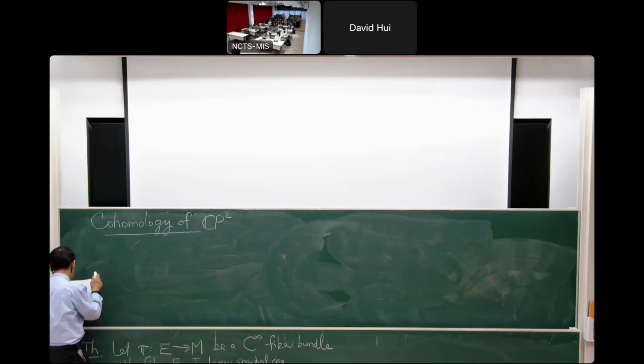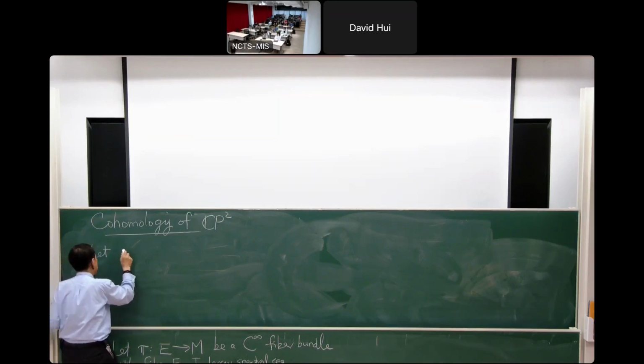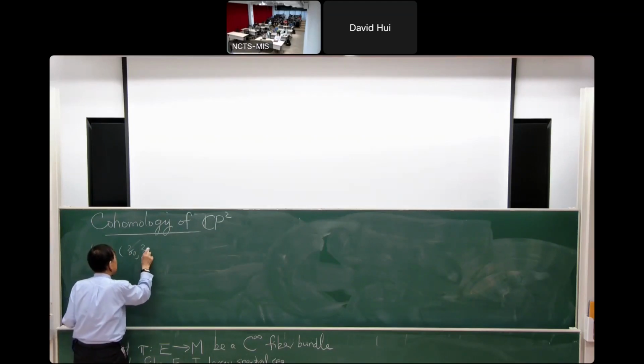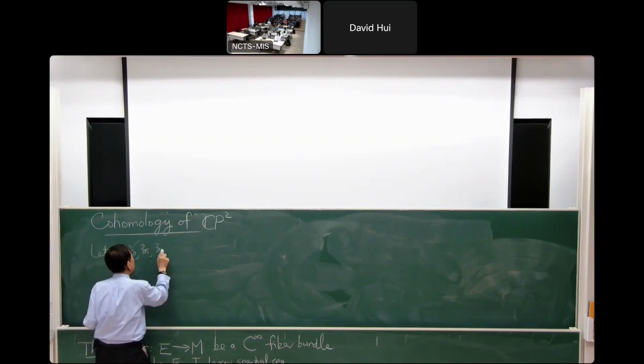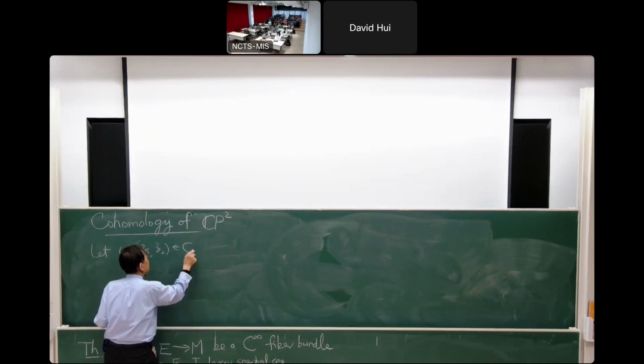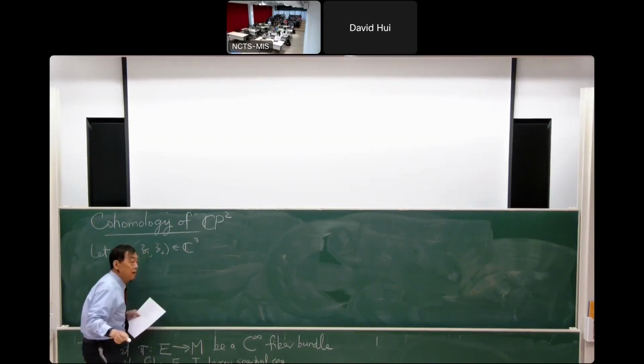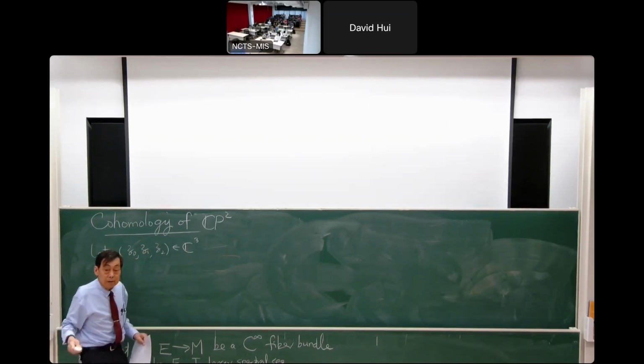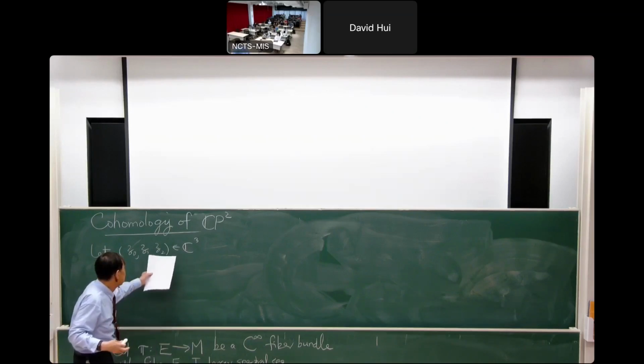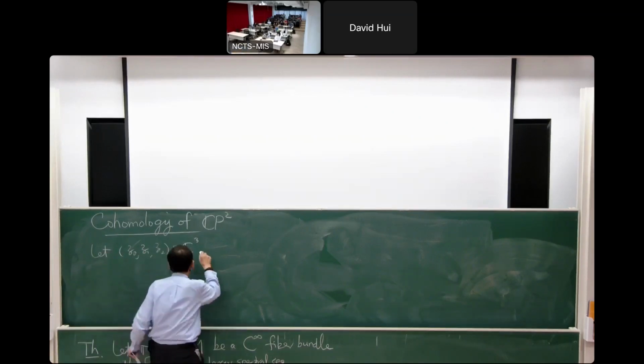So I'm going to define CP2 this way. You look at points in C3, and you look at the unit sphere in C3.